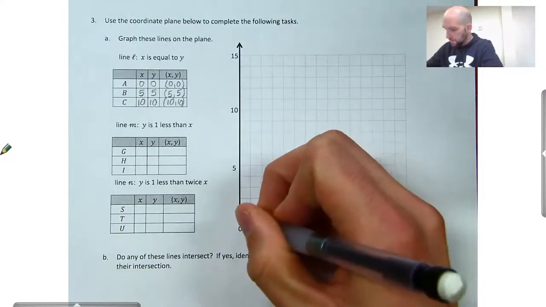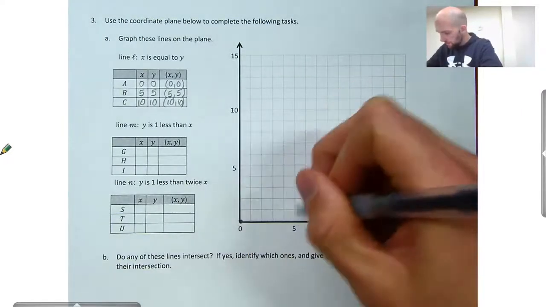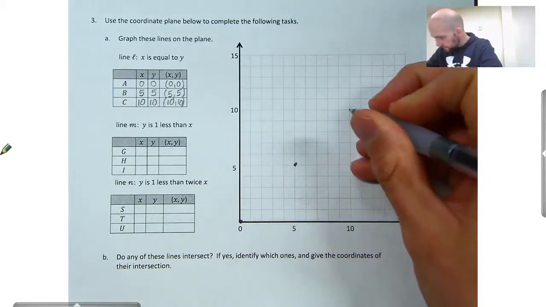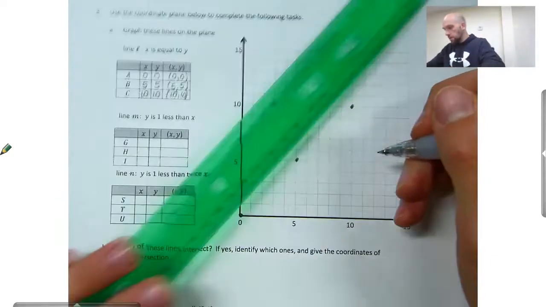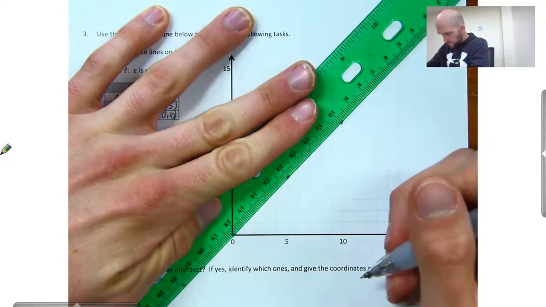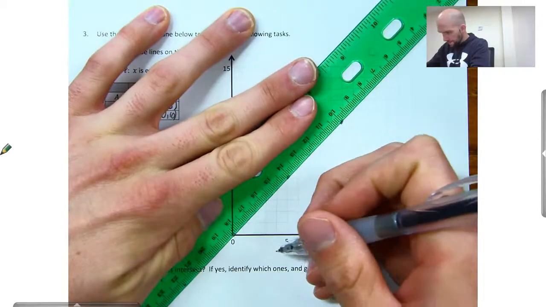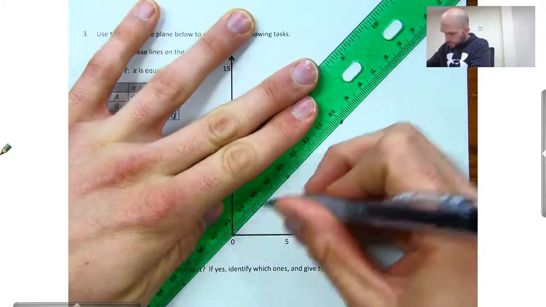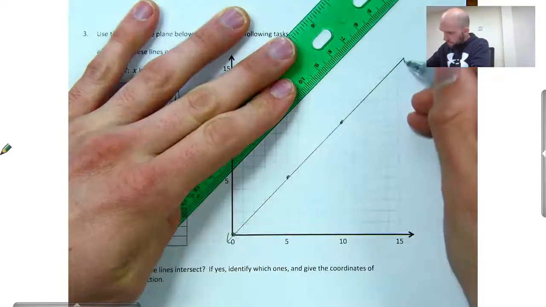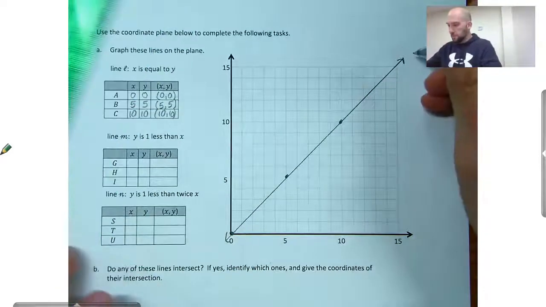So we have 0, 0, 5, 5, 10, 10. And we can draw a line right through. We'll do our grid. It's going to split our grid right in half diagonally. And this is going to be line L.